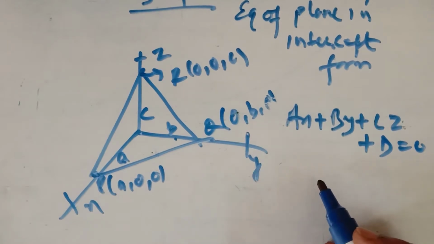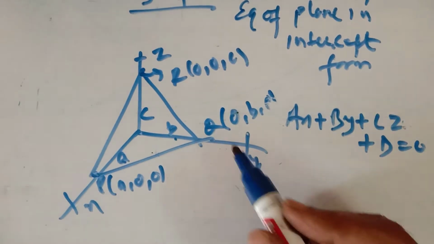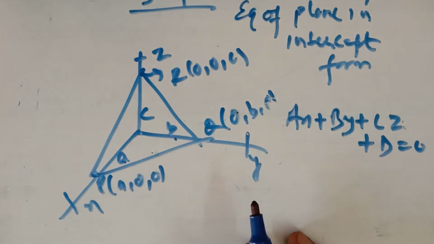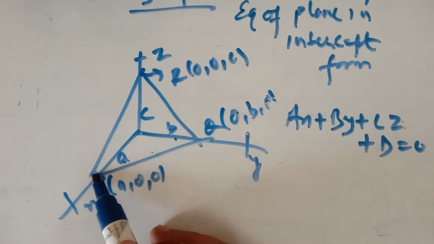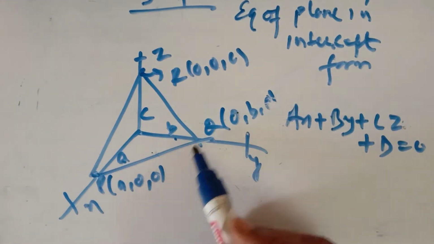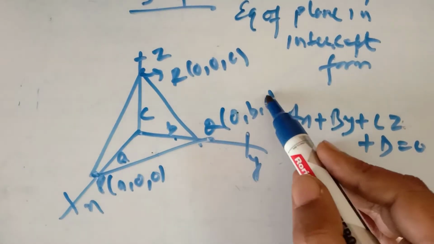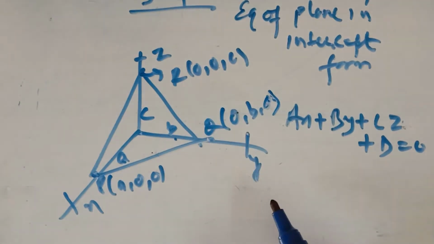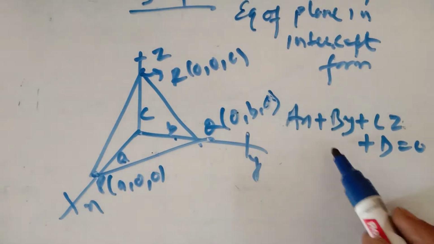Let the plane make intercepts a, b and c on the x-axis, y-axis and z-axis. Then the plane meets the axes at the points P (a, 0, 0), Q (0, b, 0) and R (0, 0, c), and these will satisfy the equation of the plane.